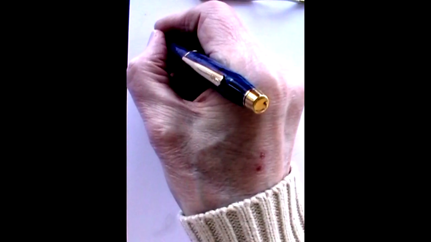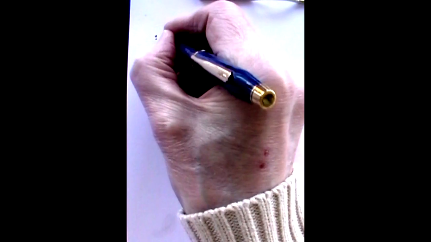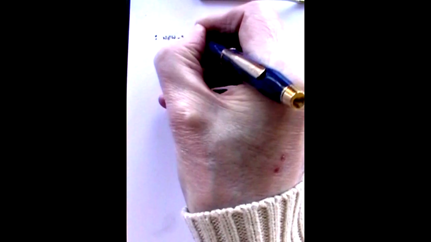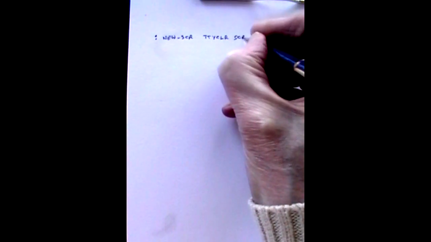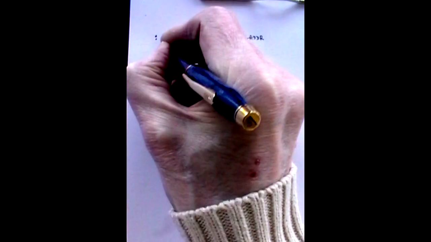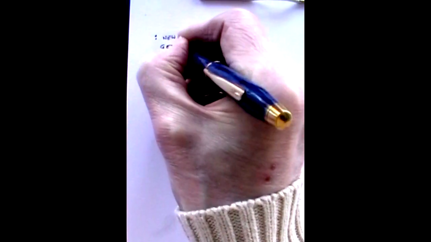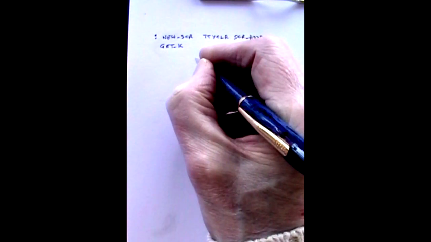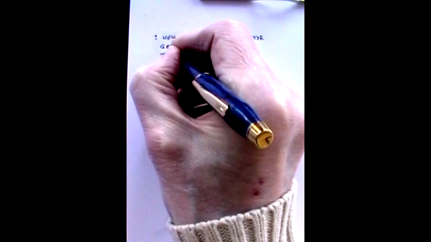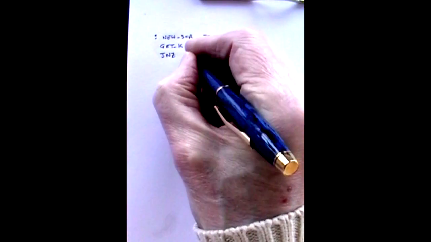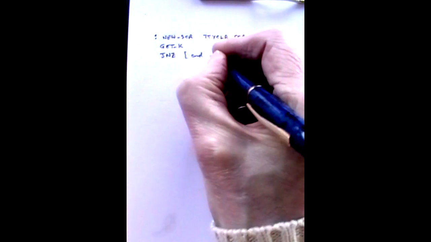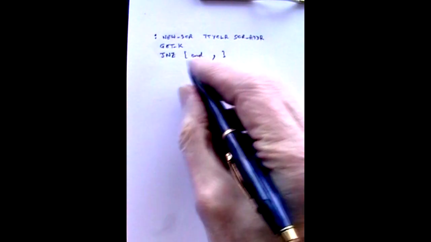Okay, the main routine can now be simplified. New screen. Clear the screen and put the buffer address on the stack. Get key. And jump if it's true.